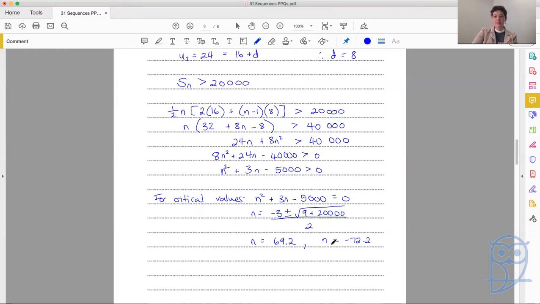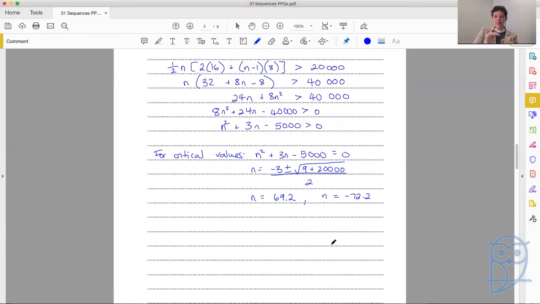Right. So now, this is not what we would traditionally do with this. We've always got to be working with this application. So we would be looking at this as a quadratic, minus 72.2 and 69.2. But remember, n is a number of terms. We can't have minus 72.2 terms, so this whole side is not applicable.